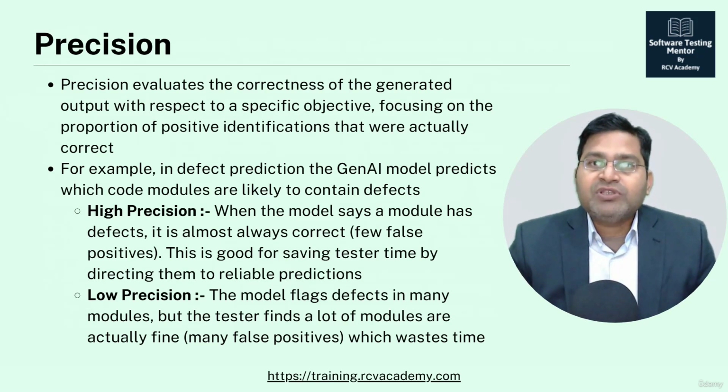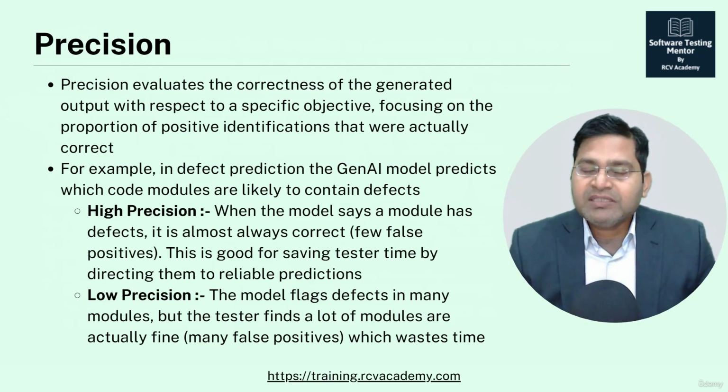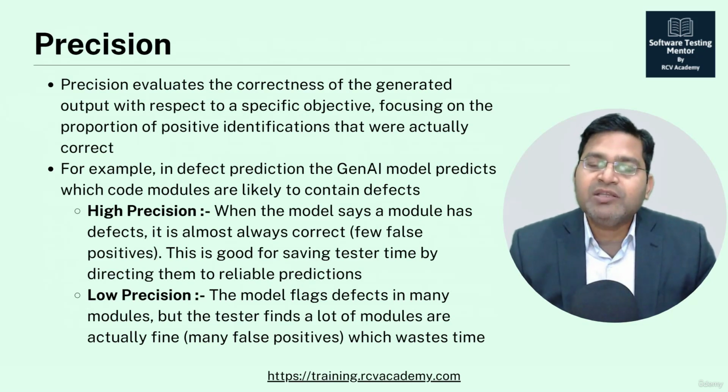If we say low precision, the model says that in modules A, B, C, D there will be defects, but you actually figure out that only module A has a defect, and the other three modules suggested by the generative AI actually had no defect. So there are a lot of false positives in this case. Three modules didn't have any defect, but the model suggested they did. So this is how you will measure the precision of the generative AI model.